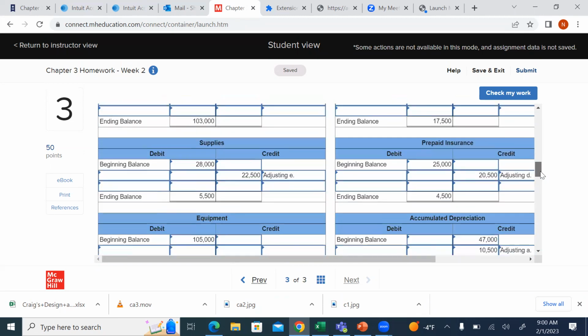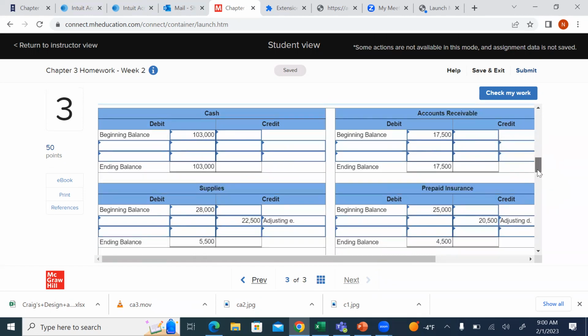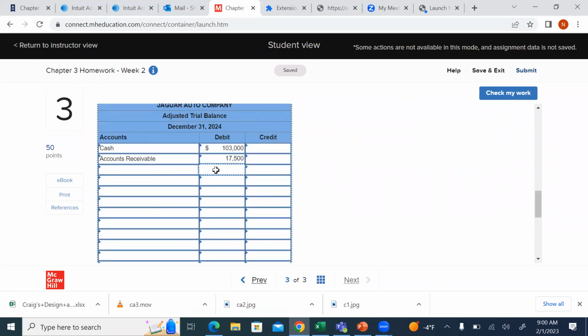Then we've got supplies right now is at 5,500. Do you see why? Because of our adjusting entry, we have a balance here of 5,500, prepaid insurance 4,500. Supplies 55. Okay.